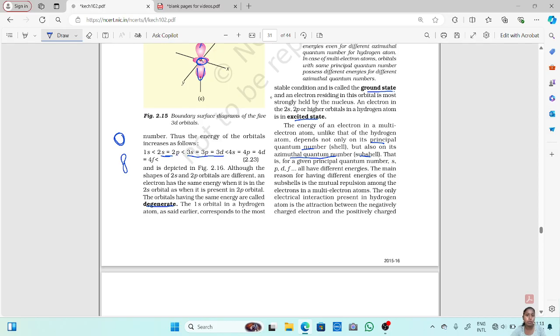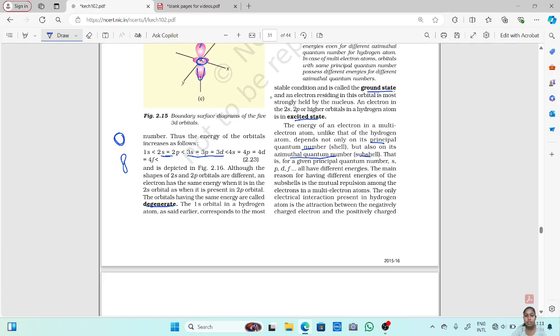There is a basic law that like charges repel each other and unlike charges attract each other. So as the number of electrons increases, they push each other. That is why the energy levels differ for multi-electron atoms.